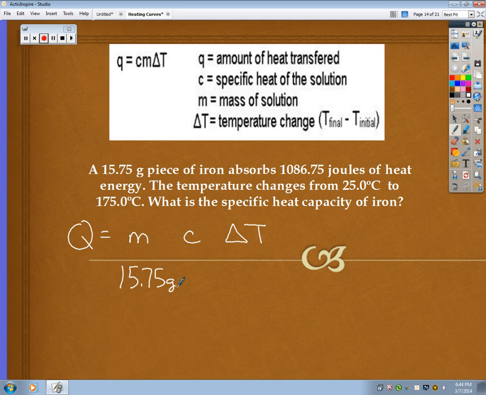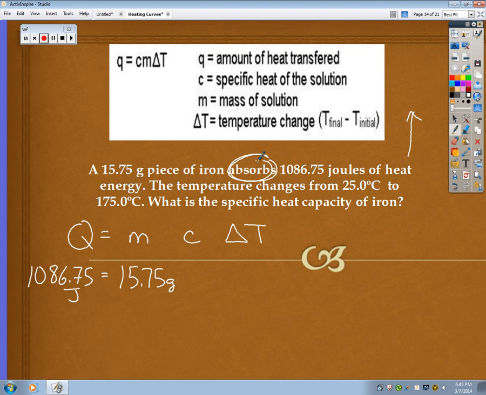It absorbs 1086.75. What's that mean it absorbs? If it absorbs, that means it's heating up, right? And that's in joules, because I need to include my units. The temperature changes from 25 to 175. That makes sense, doesn't it? Because didn't we say it was absorbing energy?